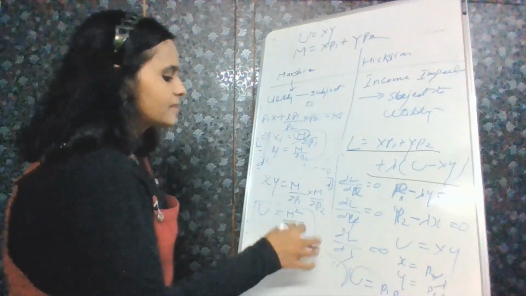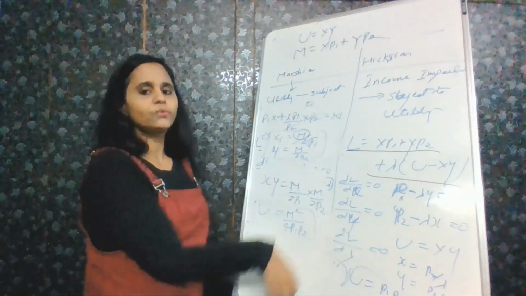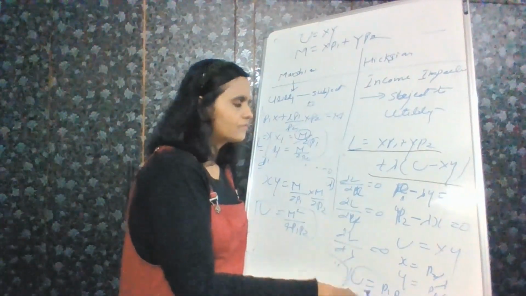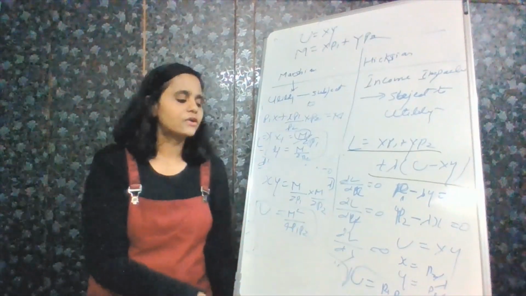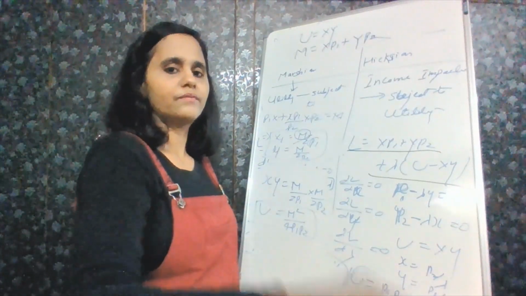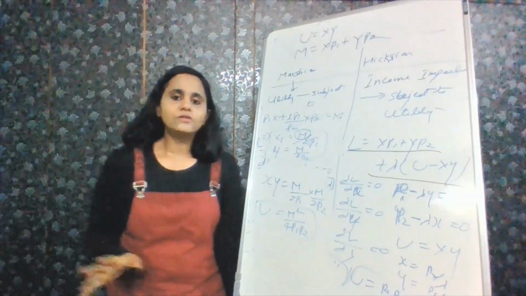And you can see basically here we have removed the income effect. When you solve this whole equation, you will see your income impact is removed when you use the Hicksian approach. It is only the impact of price, which is your substitution. That's basically the whole gist of the Hicksian approach.